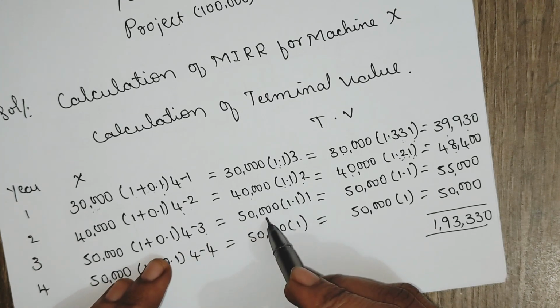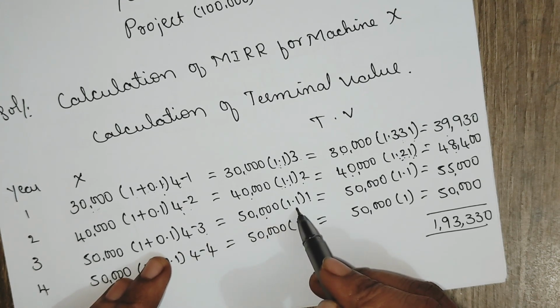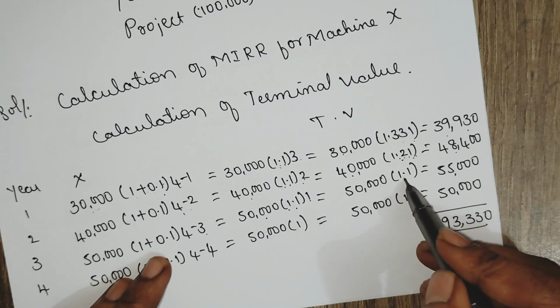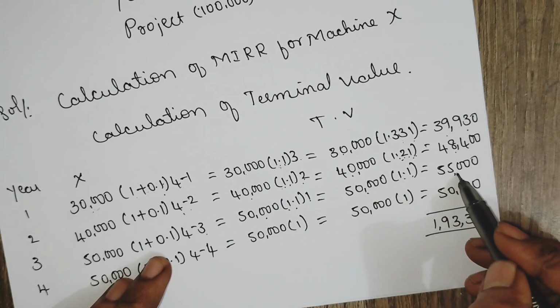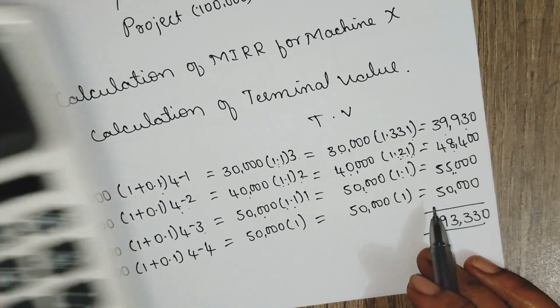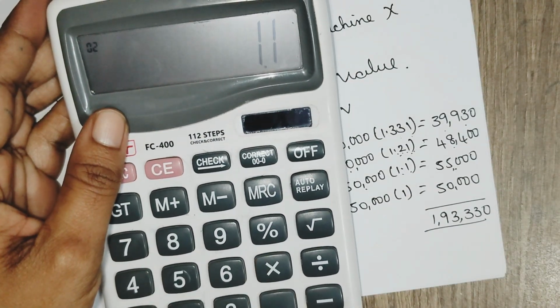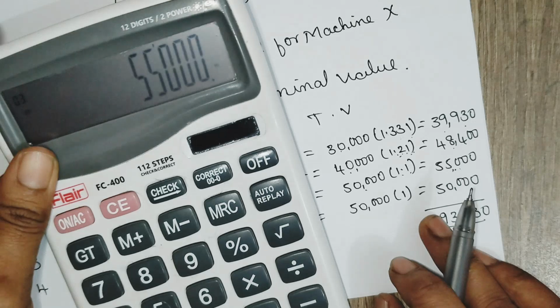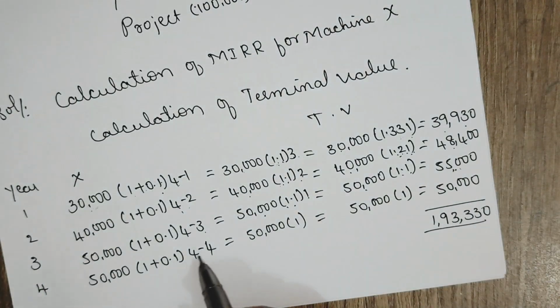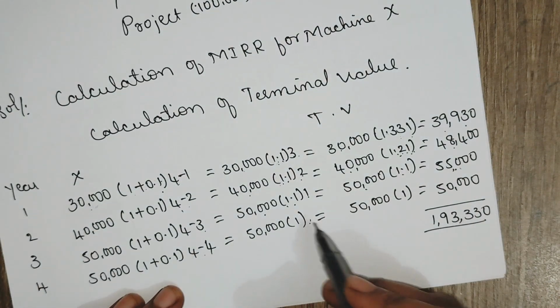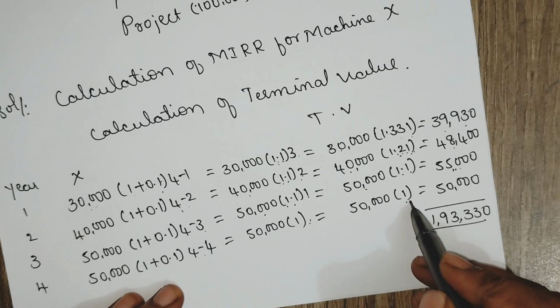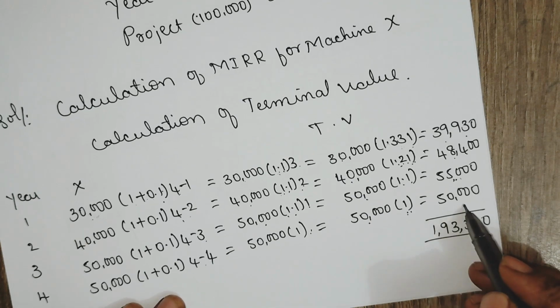Here the 50,000 cash inflow, 1.1 to the power of 1 is 1.1 only, and 50,000 into 1.1 is 55,000. Now 50,000, 4 minus 4 is 0. When the power is 0, the value is 1. So 50,000 into 1 is 50,000.